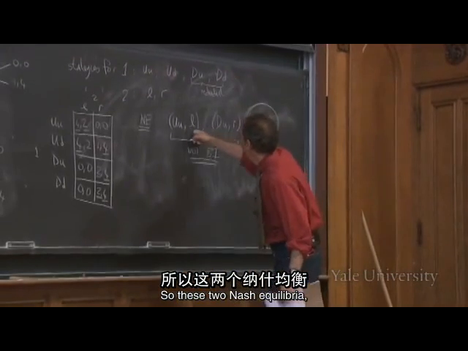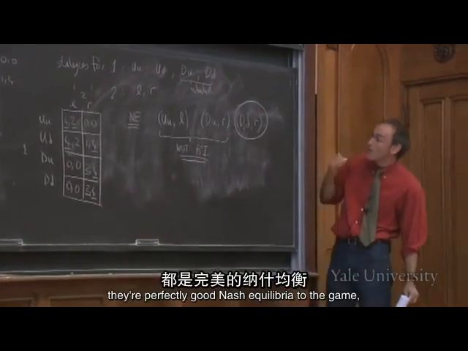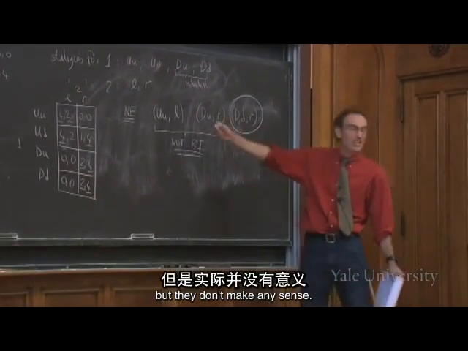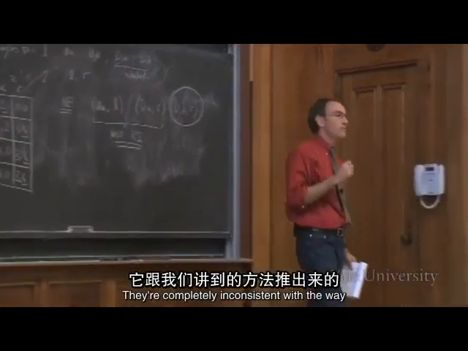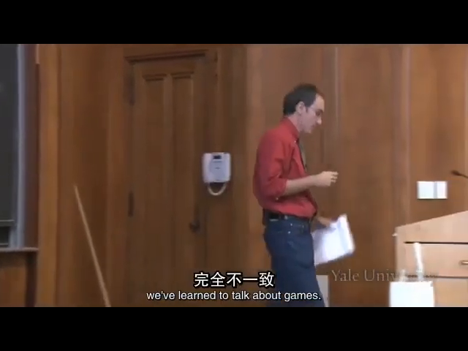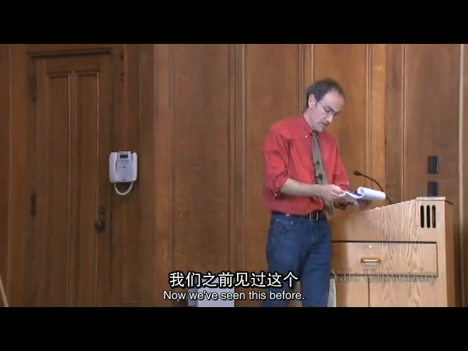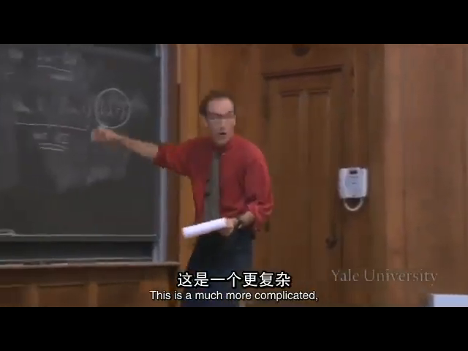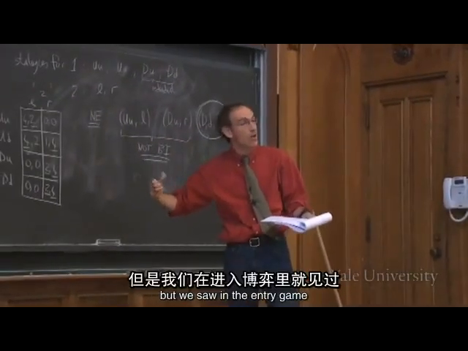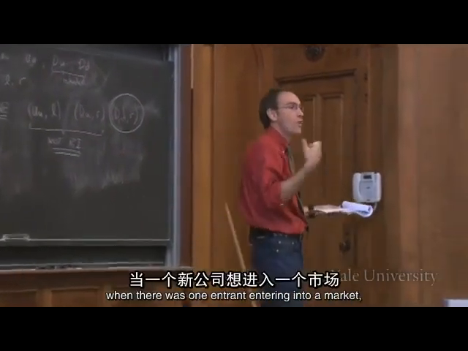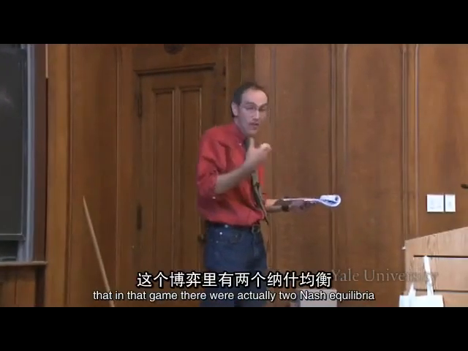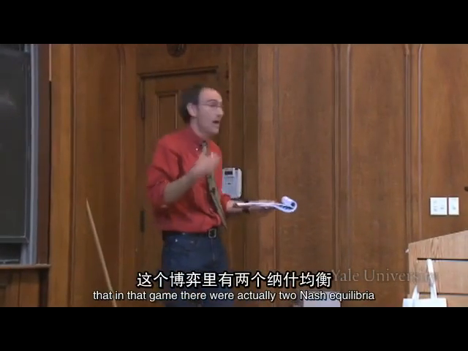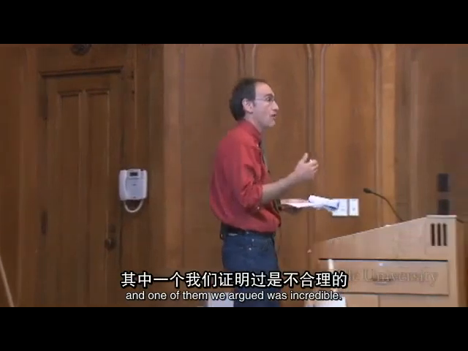So these two Nash equilibria, they're perfectly good Nash equilibria of the game, but they don't make any sense. They're completely inconsistent with the way we've learnt to talk about games. Now, we've seen this before. We saw it in the entry game. This is a much more complicated, much more interesting example, but we saw in the entry game, when there was one entrant entering into a market, that there were actually two Nash equilibria, and one of them, we argued, was incredible.